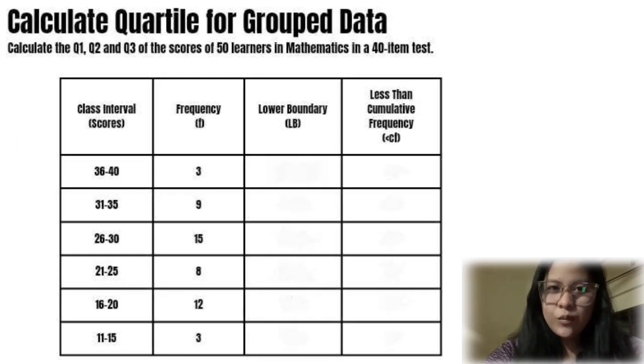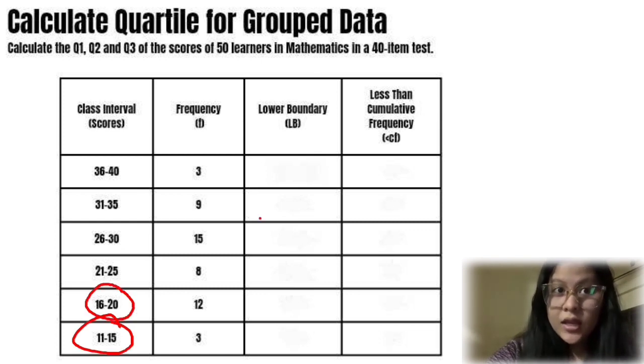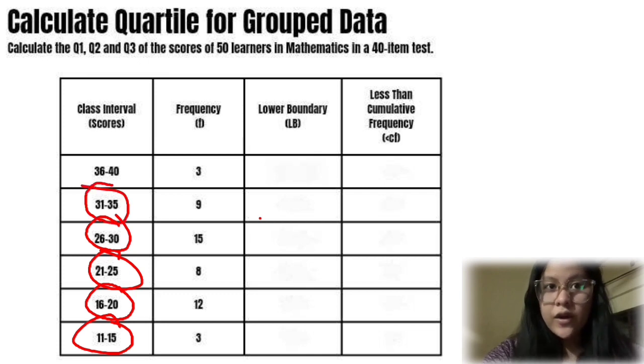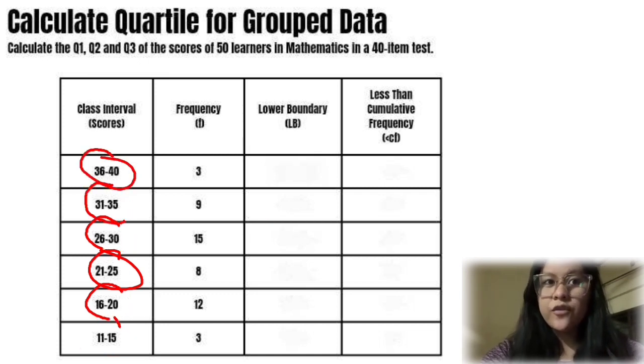Now, let's try to fill up this data set or chart. Usually, they only give the interval and the frequency, so we will need to solve for LB, CFB, and our quartile. In this data set, we have a class interval of the scores that the students got, which is 11 to 15, 16 to 20, 21 to 25, 26 to 30, 31 to 35, and lastly, 36 to 40.